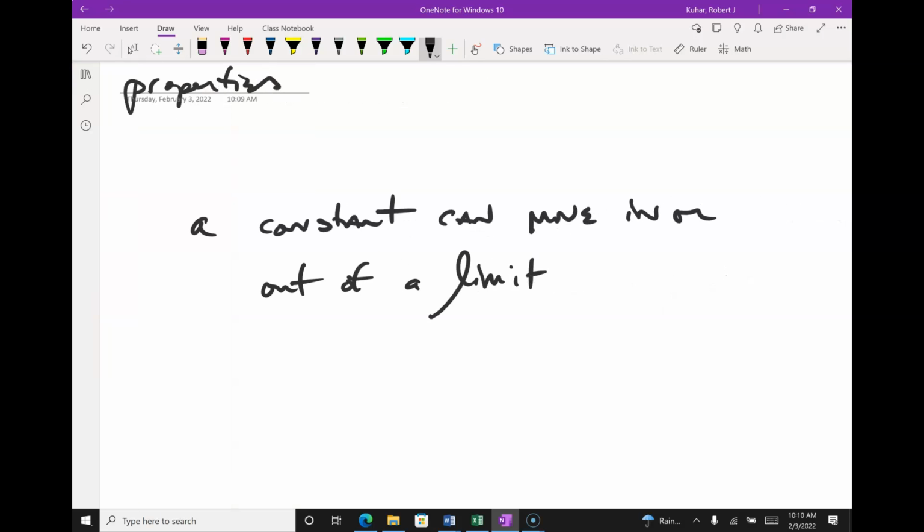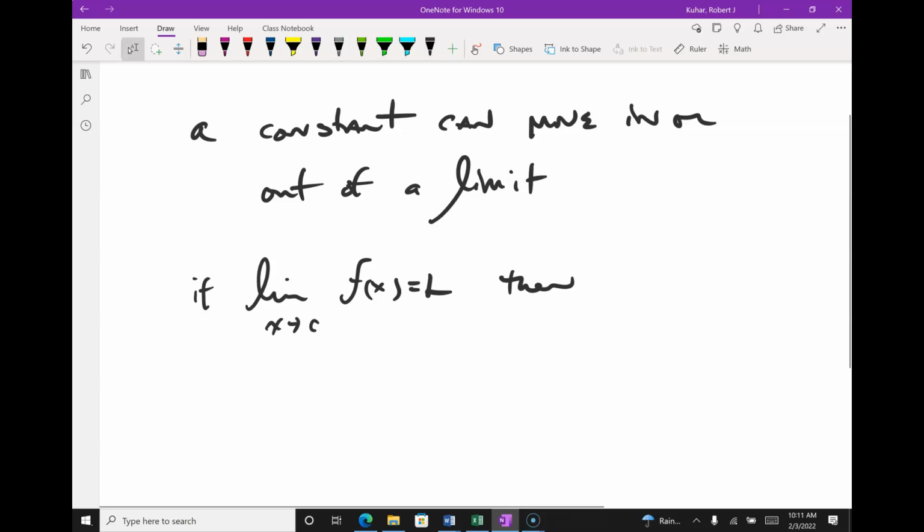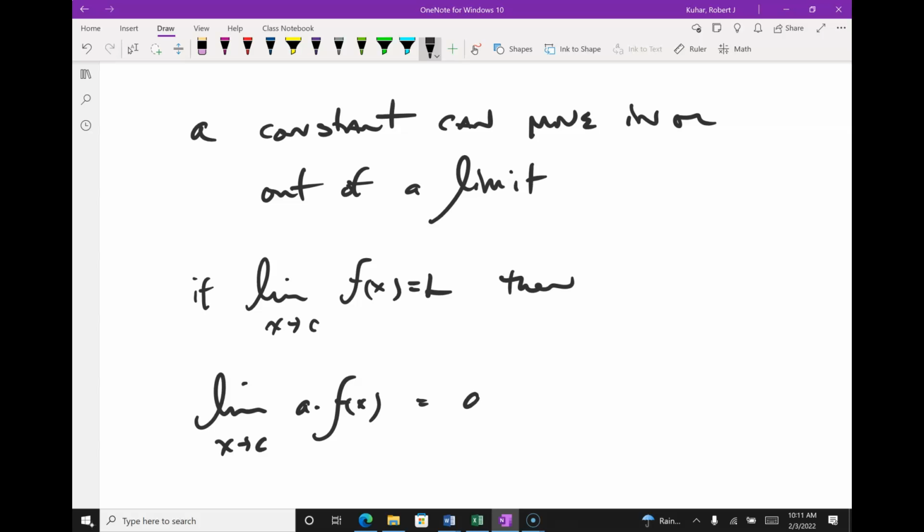A constant can move in or out of a limit. So I'm saying that if the limit as x goes to c of f of x is L, then the limit as x goes to c of a times f of x equals a times the limit as x goes to c of f of x, which equals AL.